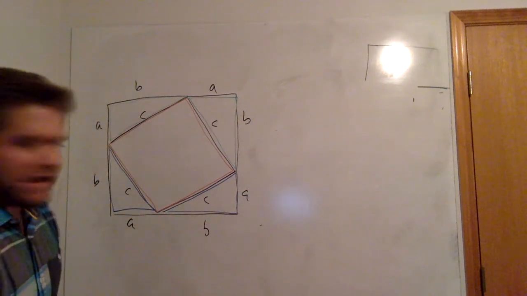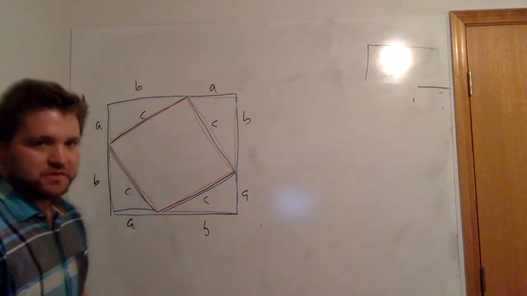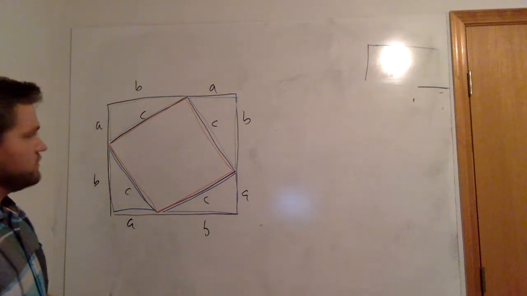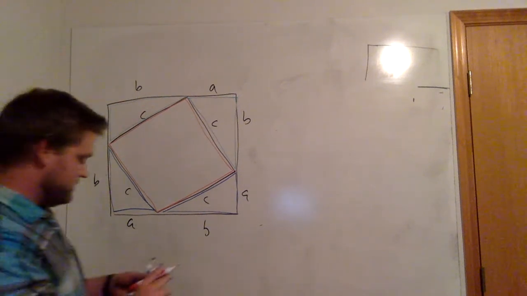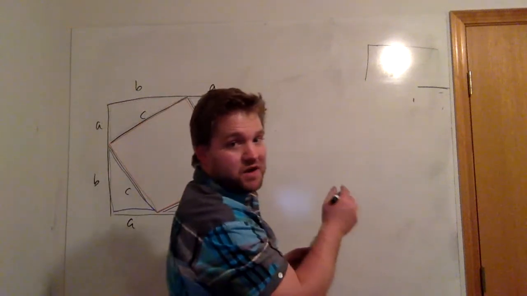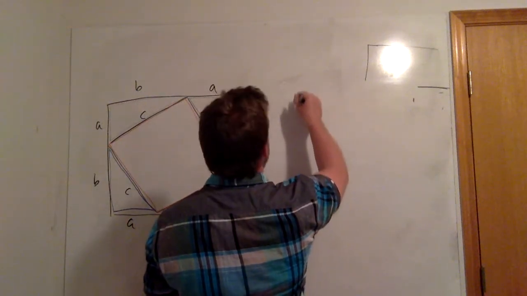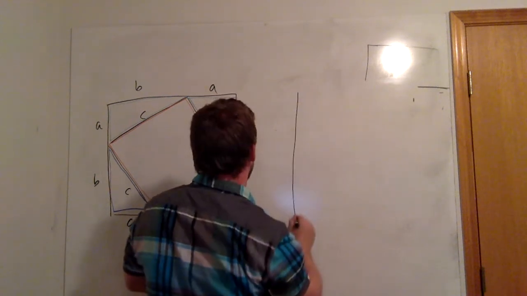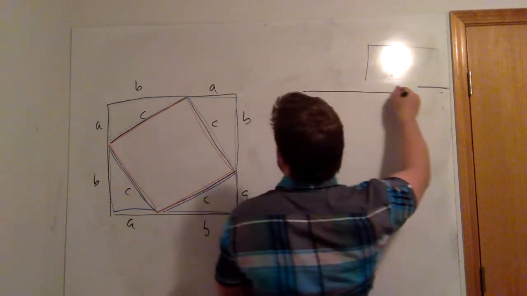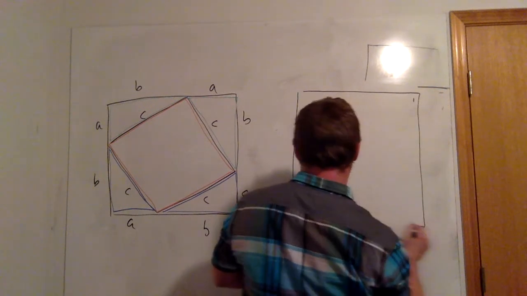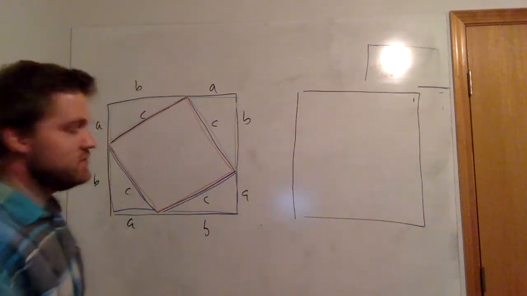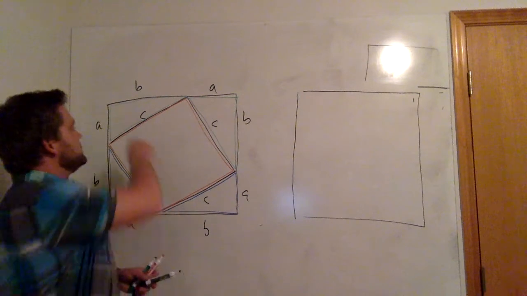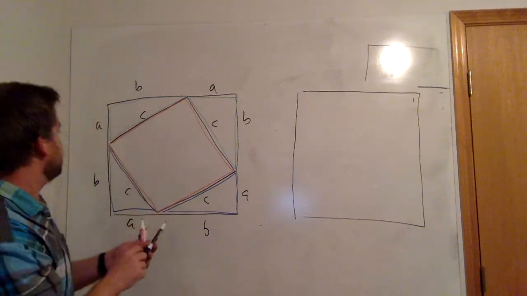So what I'm going to do now is rearrange some of these pieces. The first thing I'm going to do is have the same exact box. I'm going to fit the pieces in here in a different way. I'm going to keep this green triangle right where it's at.